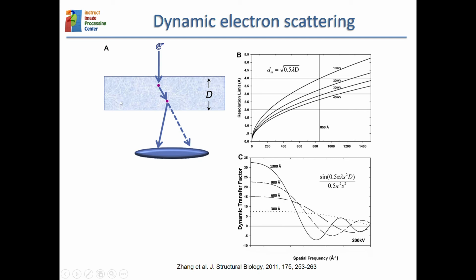That is, an electron may interact with one of the atoms of the sample and then deviate and then interact again, and this multiple scattering is not contemplated by the theory of the CTF. The CTF assumes a single scattering event, which holds for thin objects, and if your object is not so thin, the probability of multiple scattering increases, and then this again might be limiting the resolution of your final structure.